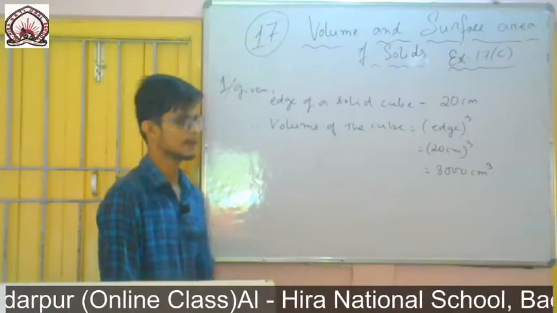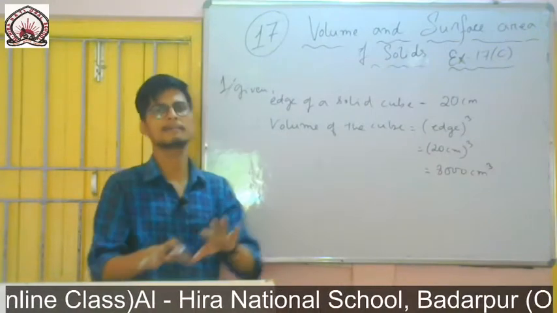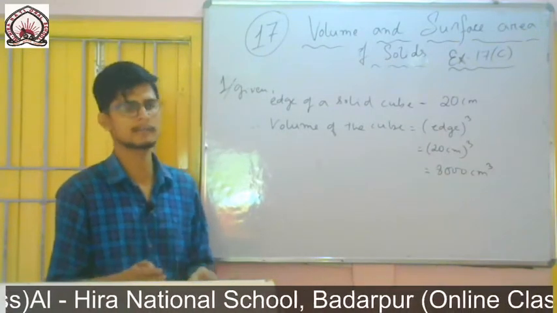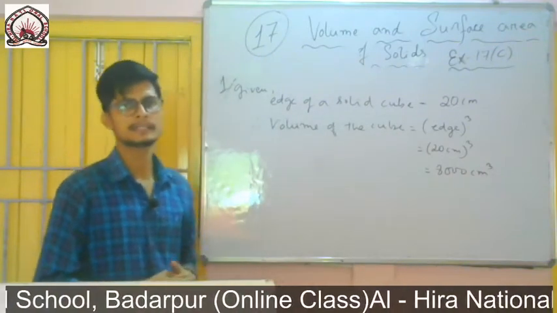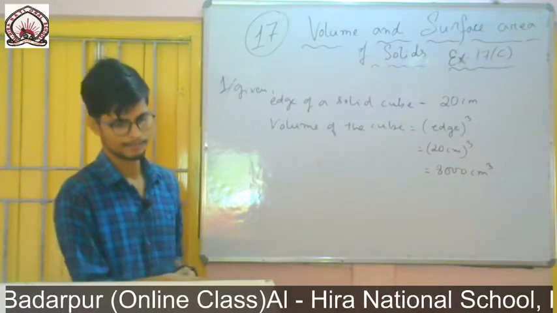So this is the volume. The cube is melted and casted into a cuboid. That means the volume which was in the cube remains the same in case of the cuboid also.